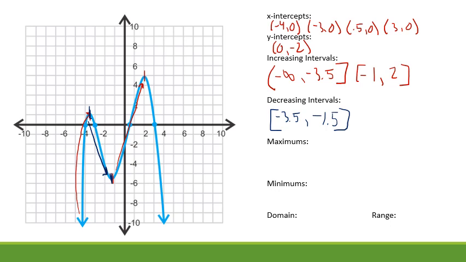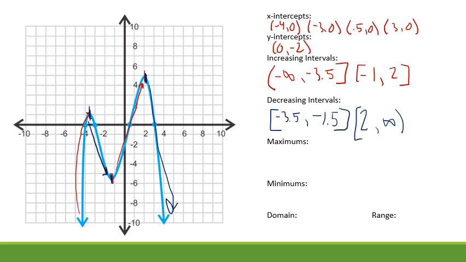And the last one would be from this high point here all the way down. So that would be from +2 to +infinity. Again, we include 2. Can't include infinity. That's not a possible number to include. That's the notation that we use to write that out.